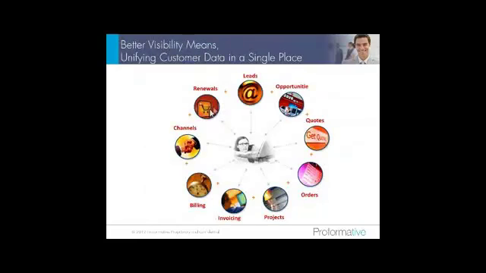And what does better visibility mean? Unifying the data. The number one problem that we looked at from the IMS study is that even though companies have spent so much money and invested in automating, the problem is unifying the customer data. If I want to look at the customer, all these different aspects of a customer, how do I get that?